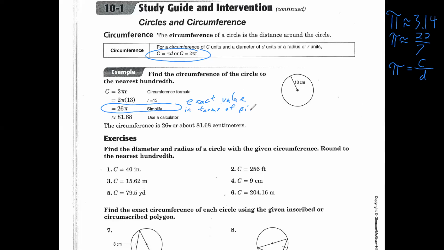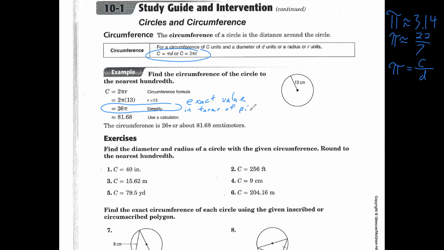Because when we had a radical in the last section, most of those radicals that can't be simplified are also irrational numbers. Pi is an irrational number. It goes on forever, right? So if we were to go past the point of multiplying by whatever that irrational number was, we're going to have to round. An exact value is an answer that's not rounded. So we're leaving it in this format in terms of pi, just like in the last section, we left it with a simplified radical.